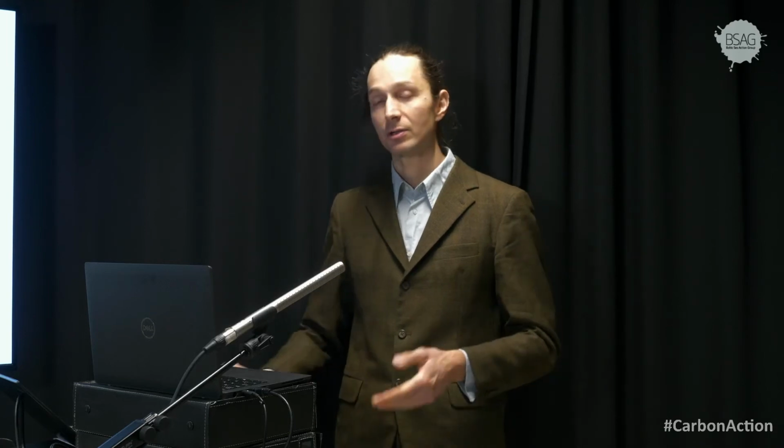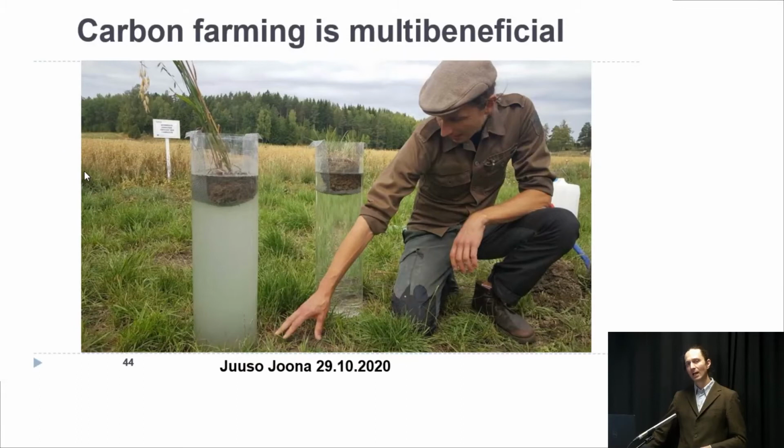So it really works. At its best, carbon farming is multi-beneficial for the farmer, for the environment, and for society. These practices can improve productivity, decrease emissions, and ensure food production in a changing climate.